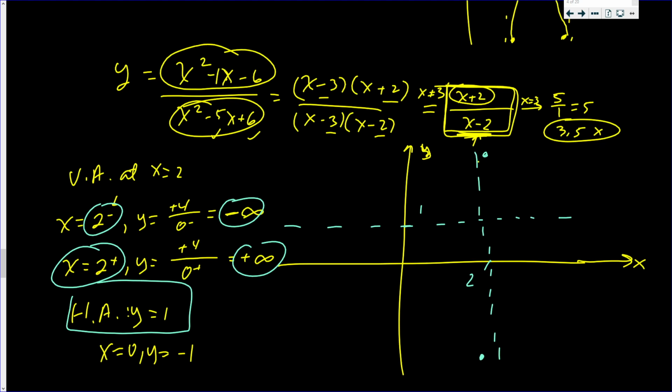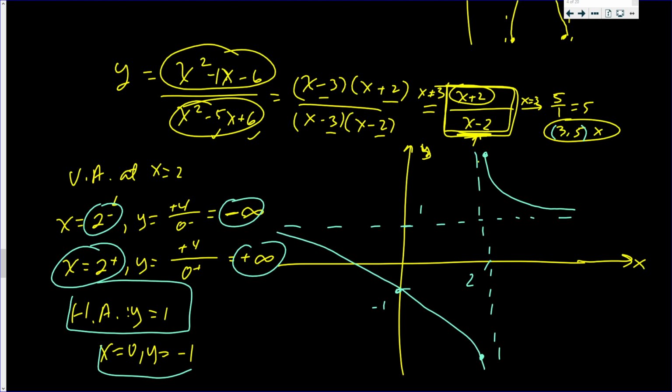Well, there's no middle because I don't have 2 vertical asymptotes. So this one goes like this, almost, and 0, negative 1. So we need to cross at negative 1. So it goes like this.